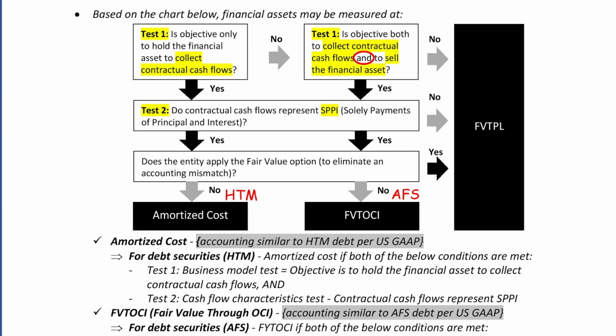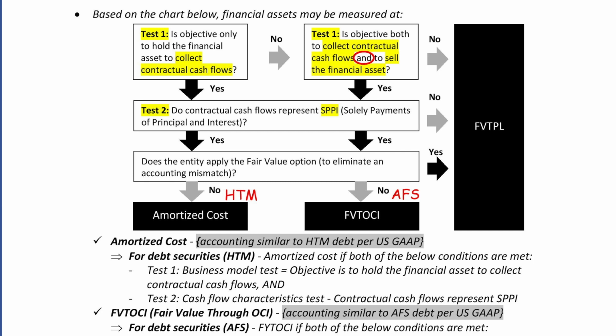So once again, for available for sale securities, the objective is both to collect the contractual cash flows as well as to sell the financial asset, and that's why they're available for sale, not held to maturity.